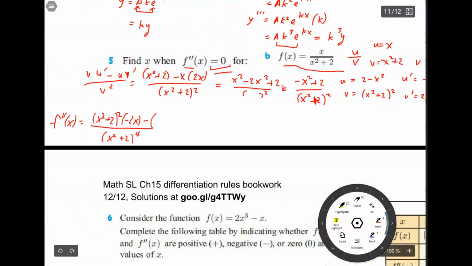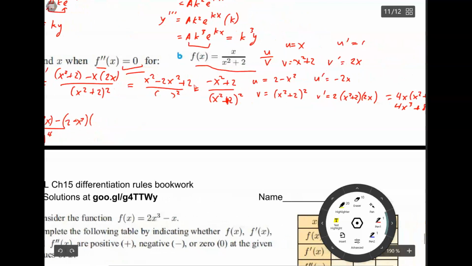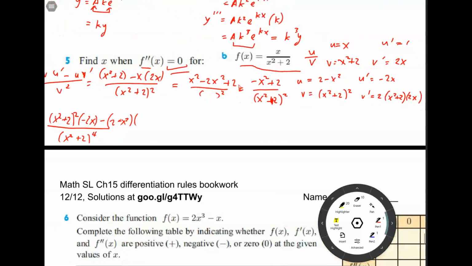And then I'm going to put u, which is 2 minus x squared. And then I'm going to put v dash, which is 4x cubed plus 8x. That didn't come out well. 4x cubed plus 8x. Okay.